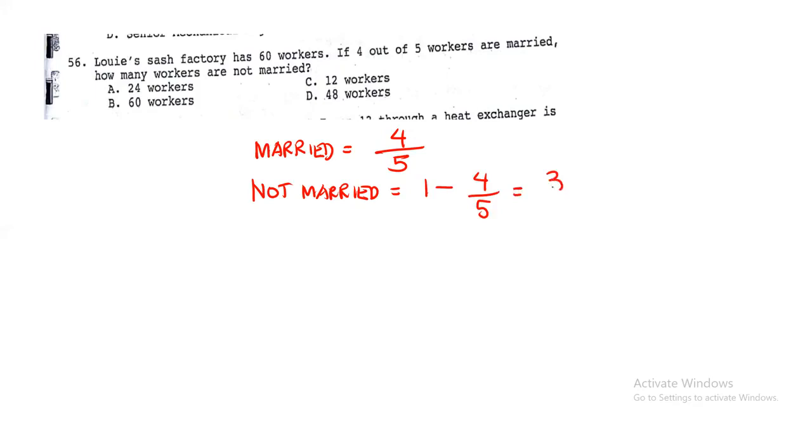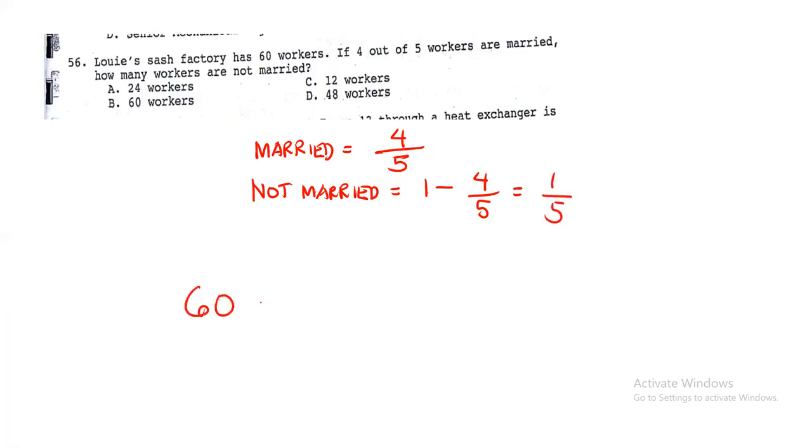So, madali lang to, no? Siyempre, yung percentage ng married or yung ratio ng married is equals to 4 out of 5. Siyempre, yung not married dyan is equals to 1 minus 4 over 5, or 1/5 pala, 1 over 5. So, itong 1 over 5, yan yung i-multiply mo sa 60 workers.